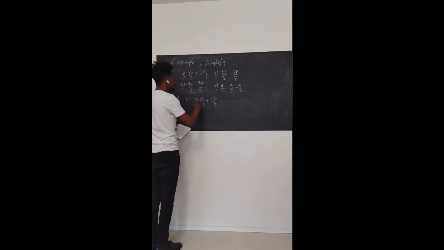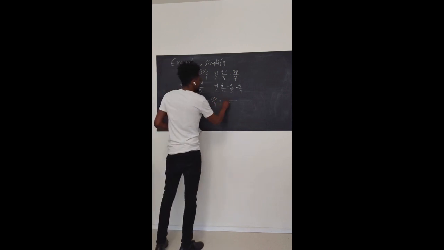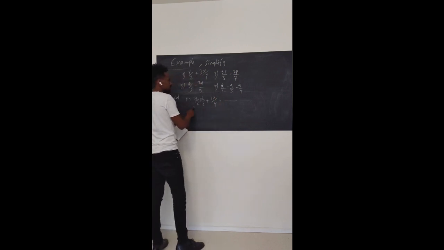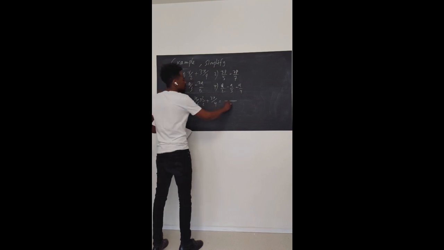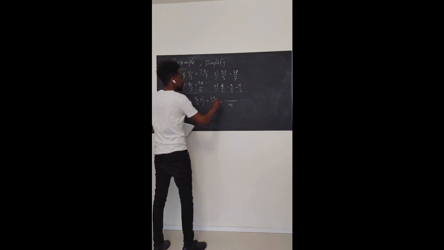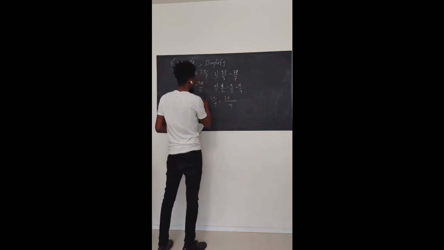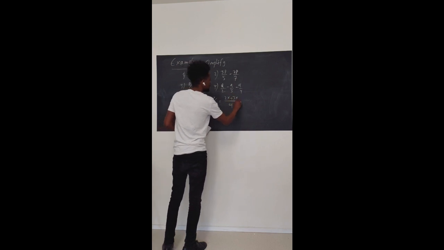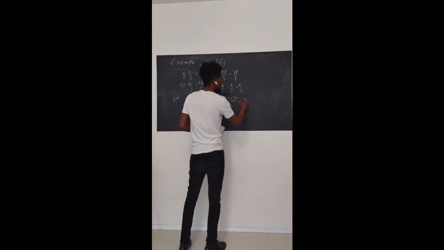This is equal to, we see that 4 is here and here, then 4. 2 times x, that's 2x plus 3x. This is equal to 5x over 4.